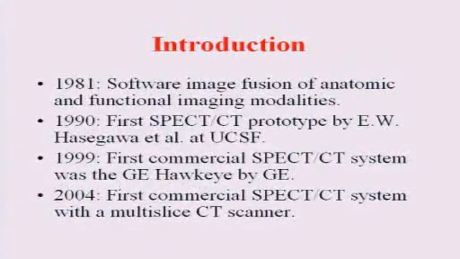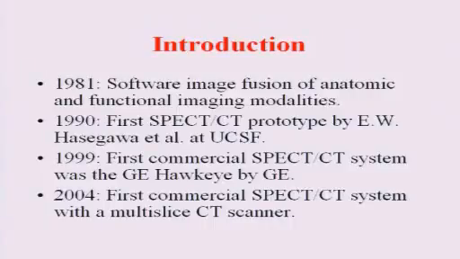In 1981 there was software image fusion of anatomical and functional imaging modalities. But the first prototype of a SPECT-CT was actually built at UCSF in 1990. This became first available commercially in 1999, and this system was the GE Hawkeye camera.